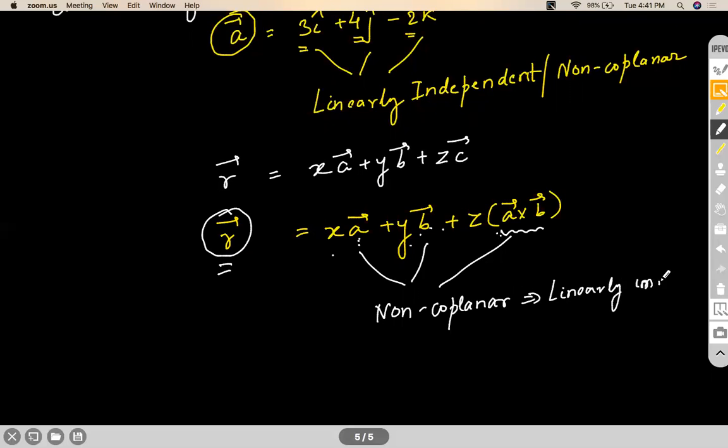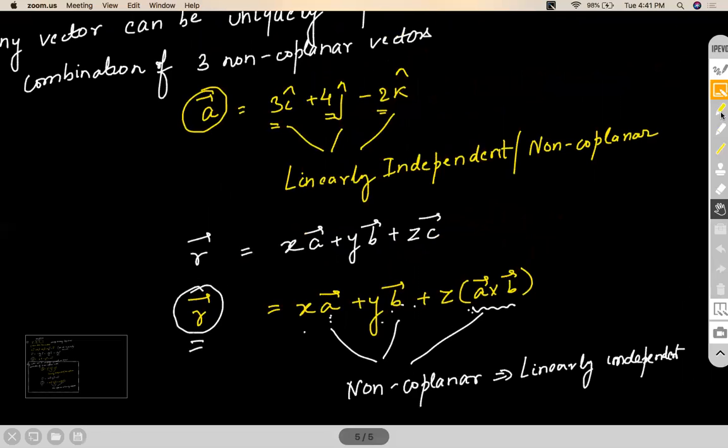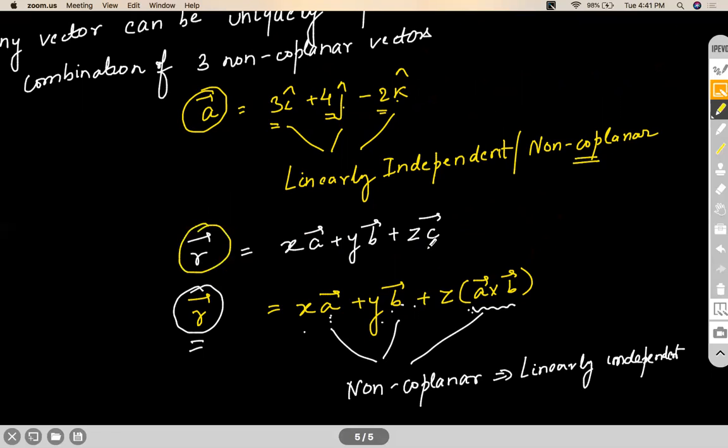Expressing in IJK is just one specific case where you're using IJK as non-coplanar vectors. But in reality, the bigger picture is you can express any vector in 3D as a linear combination of A, B, C being non-coplanar, or in other words, linearly independent.